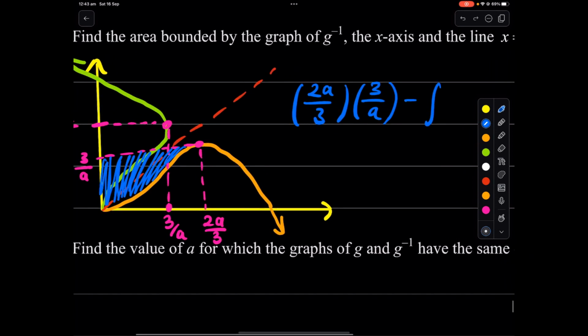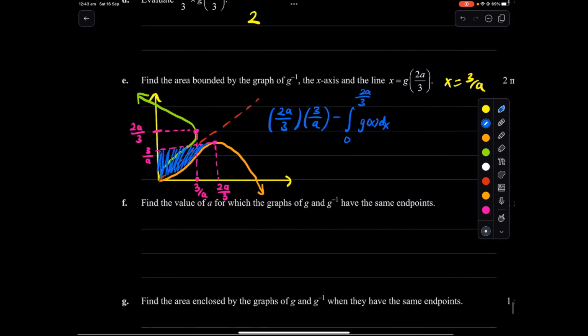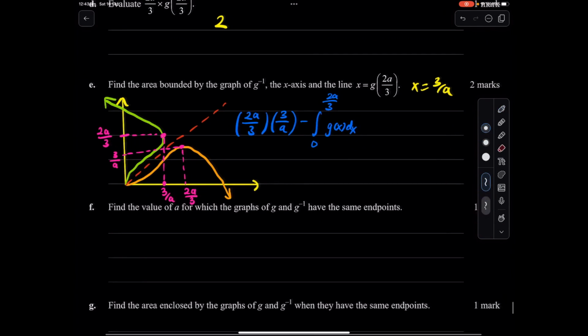So it's the integral from 0 to 2a on 3 of g of x dx. That's that. I hope that's right.